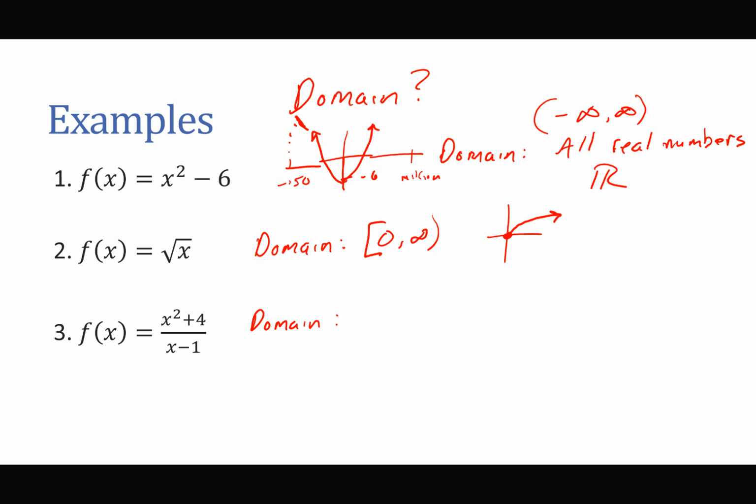What about -1? Correct. So x cannot be 1. Another way, we could say all real numbers, comma, x cannot be 1.